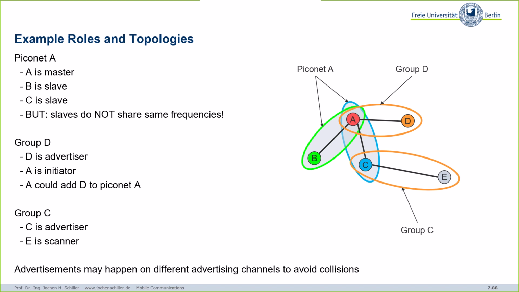For the detail, you have to check the standard, which is confusing, I have to admit, because they mixed this low energy into the classical standard to have one common Bluetooth standard. But by reading, you will notice that this paragraph is valid only for the classical, this paragraph is valid only for low energy, and this paragraph is valid for both. And you will find this many, many times in the standard, that they have to explain which part of the standard belongs to which of the Bluetooth types.